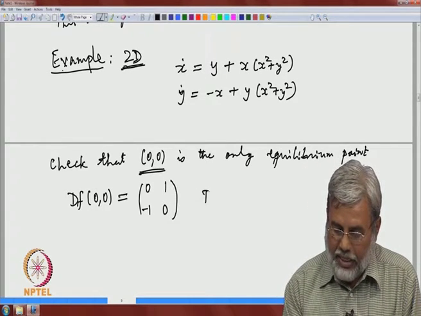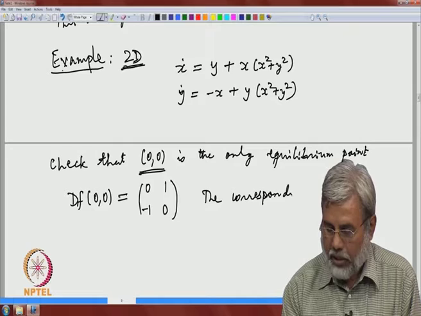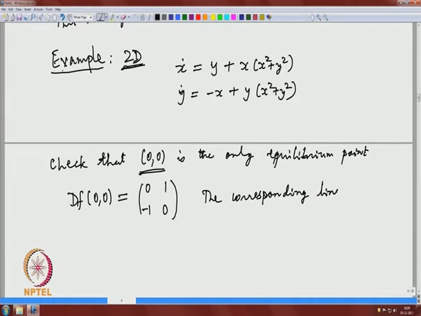So, the corresponding linear system, this is 2 corresponding linear system, is x dot equal to y and y dot equal to minus x. And we have already seen that for the linearized system 0 0 is stable, but not asymptotically stable.